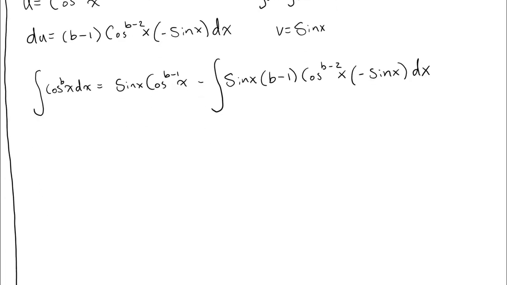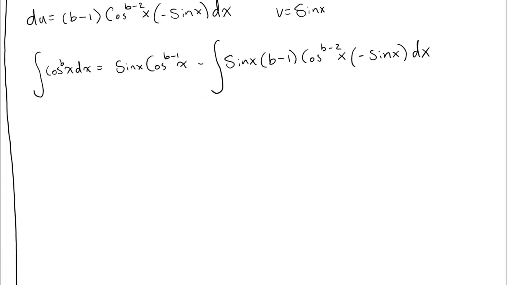Now I will focus on the integral on the right hand side to simplify that. The negatives cancel out, we get an integral. And once again I will write the b minus 1 on the outside here to make it easier. Integral of sine squared of x cosine to the b minus 2 of x dx.